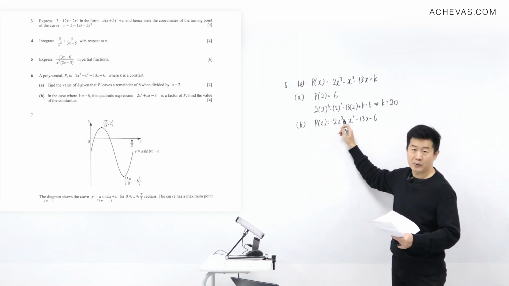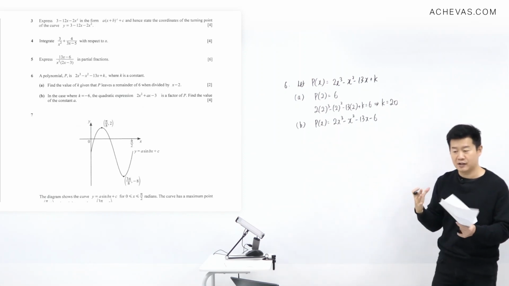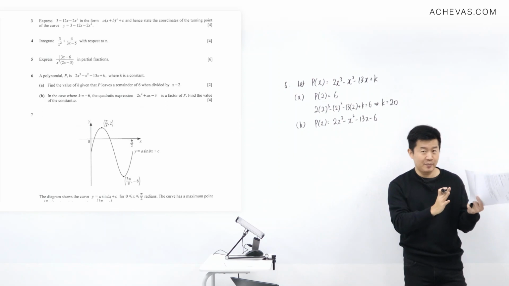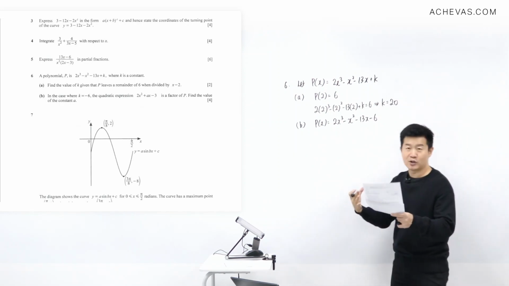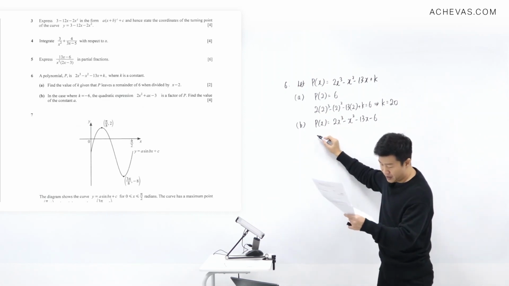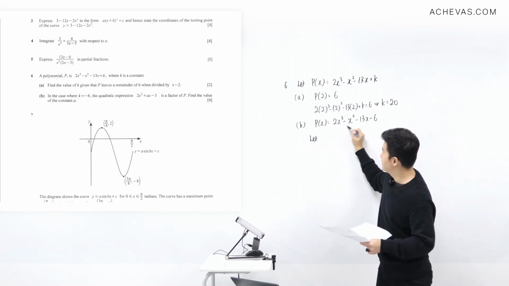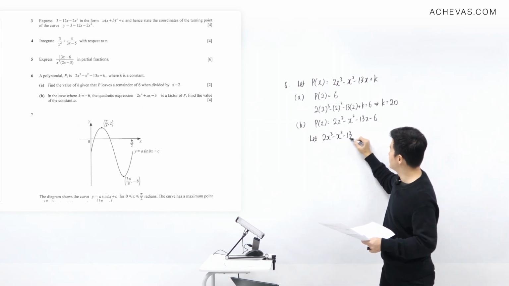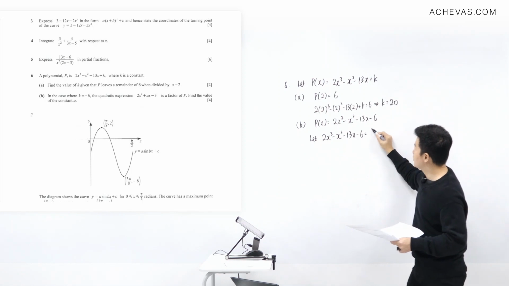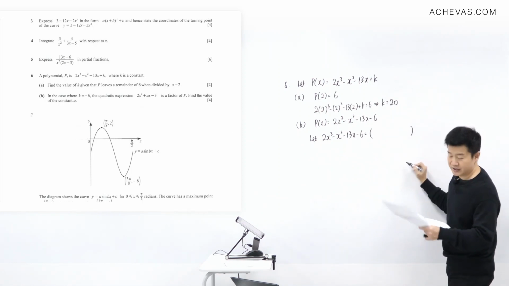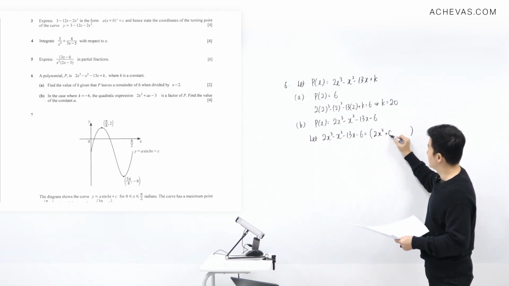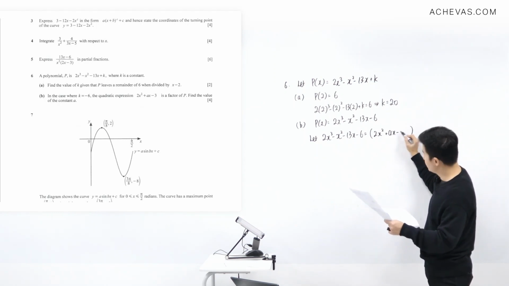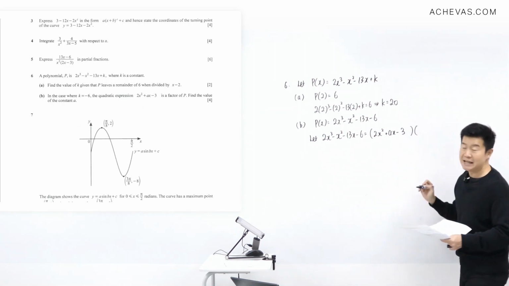This is x to the power of 3, so if we have a quadratic factor, we will be expecting another possible factor, which is going to be a linear factor. So let me rewrite this. Based on the quadratic factor that is given, I am going to let this P(x), 2x to the power 3 minus x squared minus 13x minus 6, be equal to the quadratic factor given by the question, 2x squared plus ax minus 3, multiplied by a linear factor.